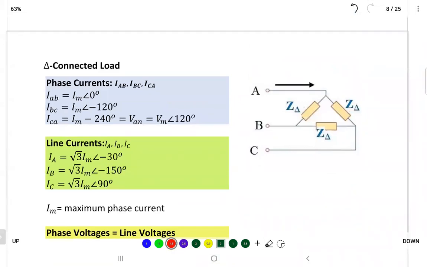In delta, the phase voltage equals the line voltage, and the difference is just in the angle. In a star, the phase voltage is smaller than the line voltage by square root of 3. It's the same for both load or source. The only difference you will observe is just the angle, how you calculate the angle.